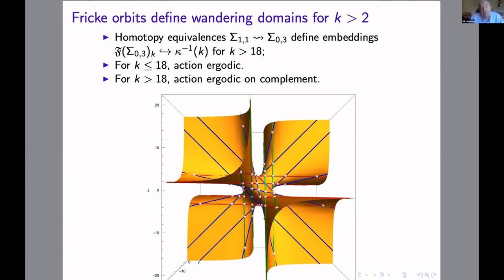Once the parameter becomes larger than 18, then you have hyperbolic structures on a three-hole sphere with geodesic boundary, and those will correspond to wandering domains. So it looks like a Kleinian group where you have islands of wandering domains, and on the complement, the action is quite chaotic.